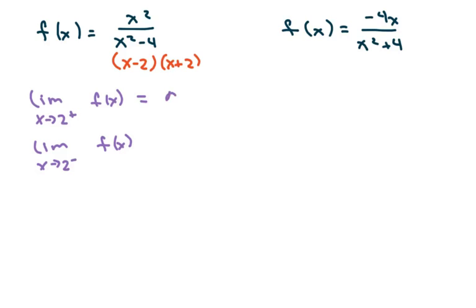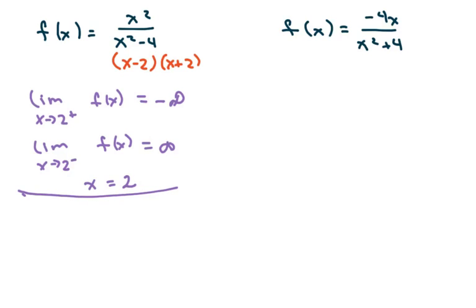Well, actually, from the right is negative infinity, and from the left is infinity. Sorry, I had these mixed up. So therefore, 2 is a vertical asymptote.